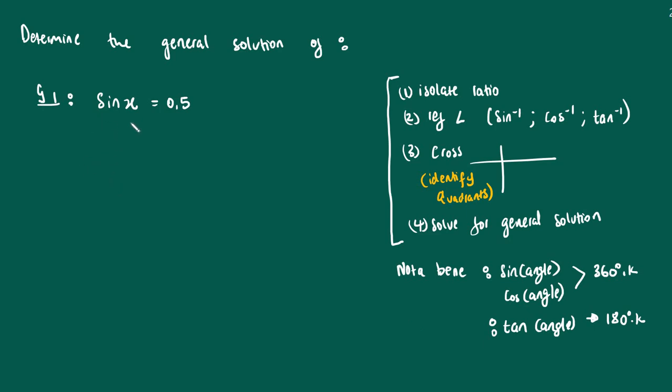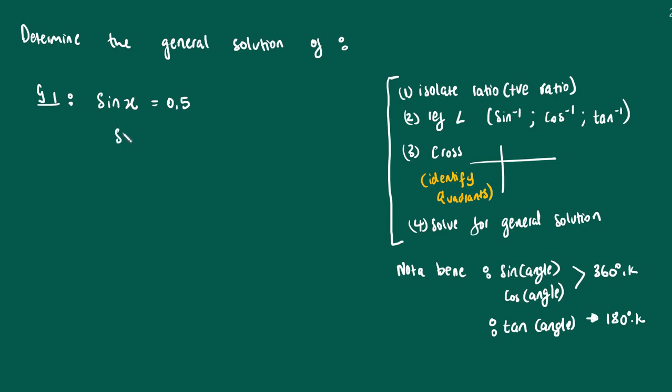So let's get straight into solving this one. Now that the ratio is isolated, make sure that it's not negative, it must always be positive. Your ratio must be positive, right? Then you can find the reference angle. That is the next step.